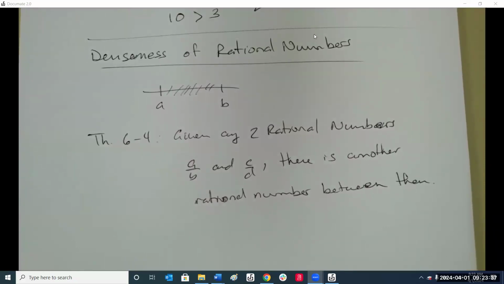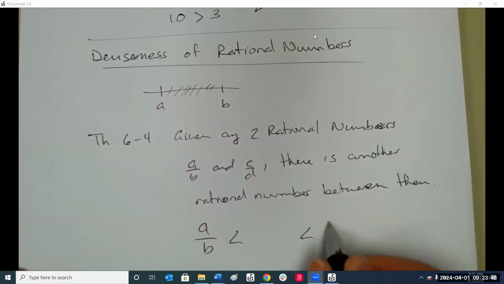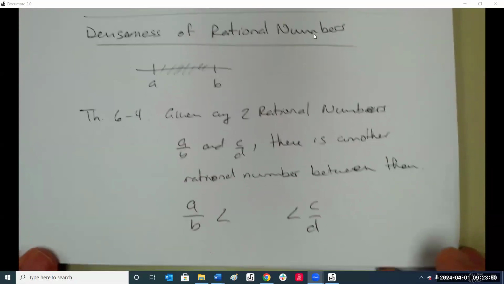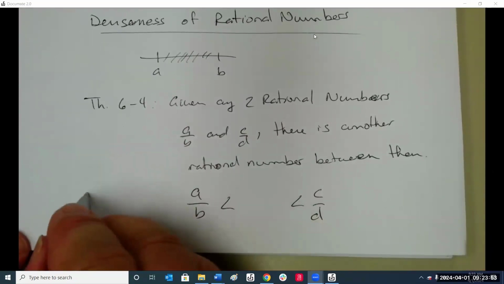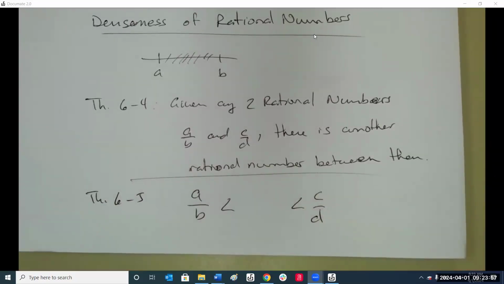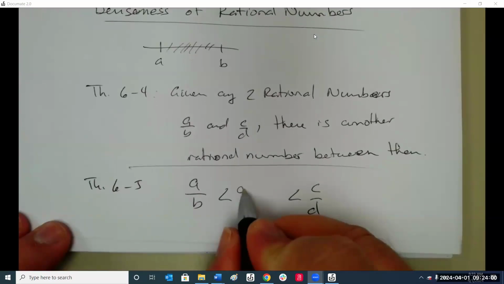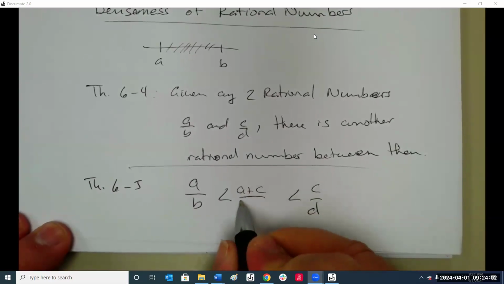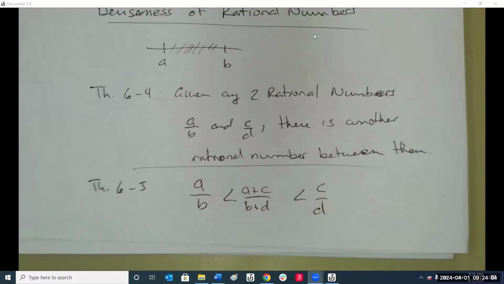Given any two rational numbers, there is another number between those two. This is theorem 6-5. The way you find it is add the top numbers and add the bottom numbers. That will be a rational number between the two other ones.